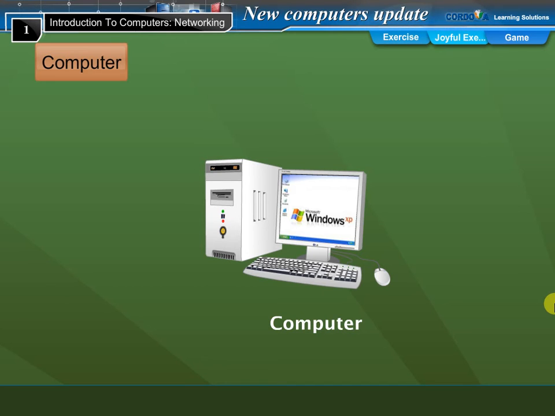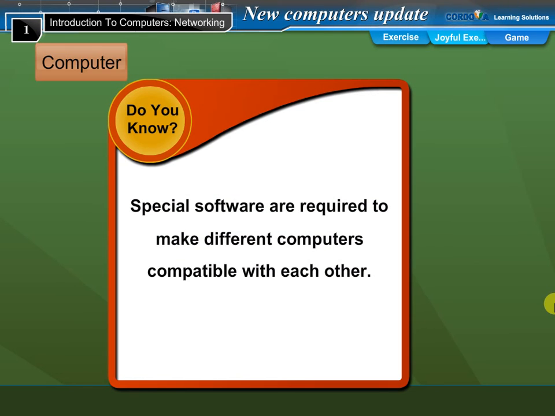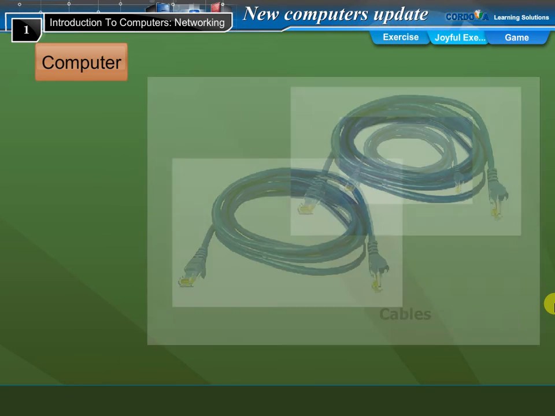When computers are linked, the people using the computers can work more efficiently. Computers connected to a network need not be of the same type. Many networks contain different types of computers such as IBM compatible and Macintosh. Do you know special software is required to make different computers compatible with each other?